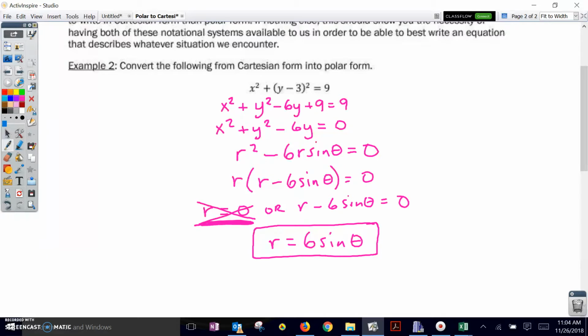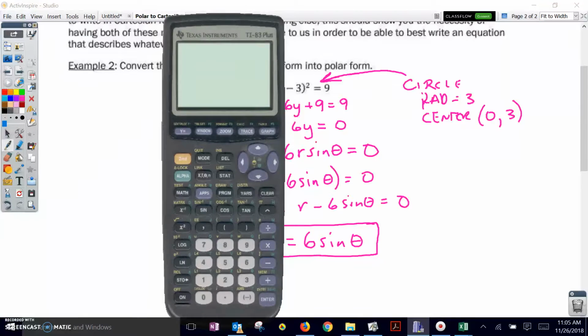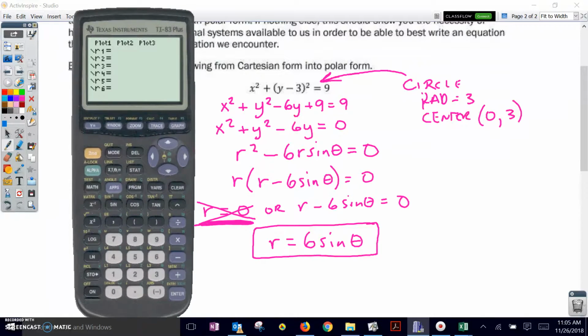Now you should realize from your experience with Cartesian equations that this is a circle with a radius of 3 that has center at point 0, 3. And if we look at this polar equation, r equals 6 sine of theta, we should end up with a circle.